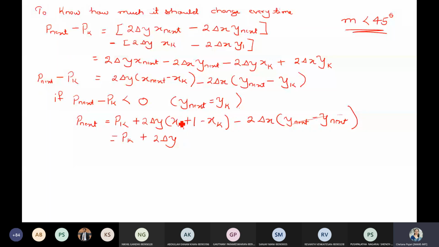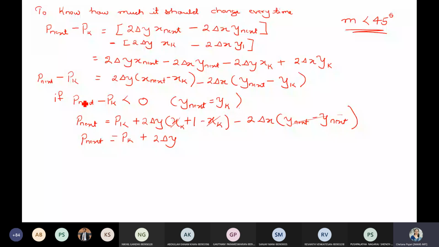So anything multiplied by 0 is again a 0. So our equation will be pk plus 2 into delta y. So this is the equation when your decision parameter is less than 0.